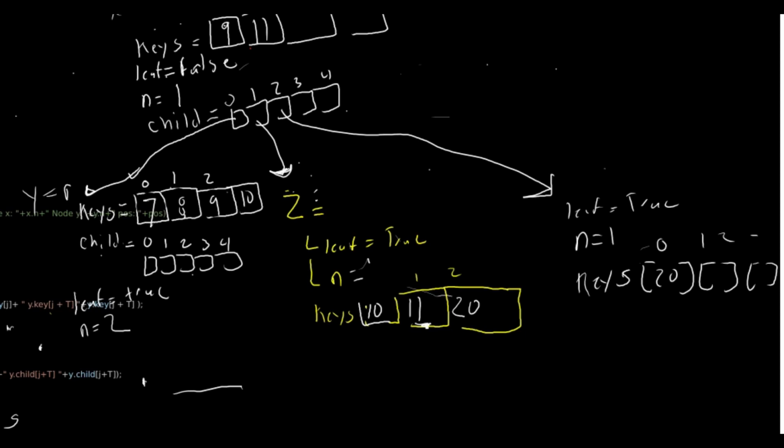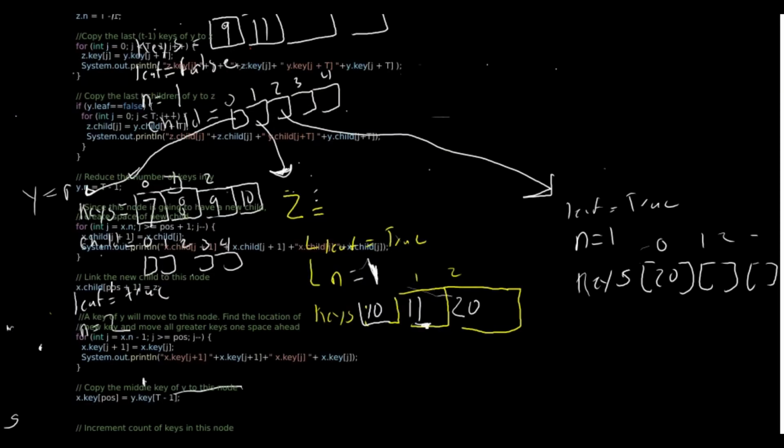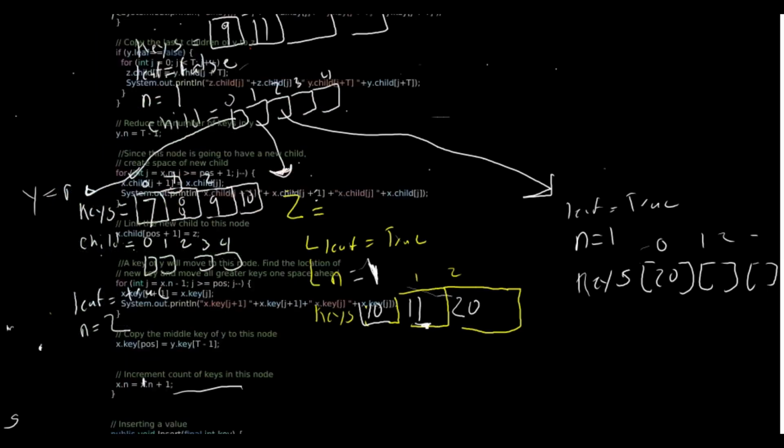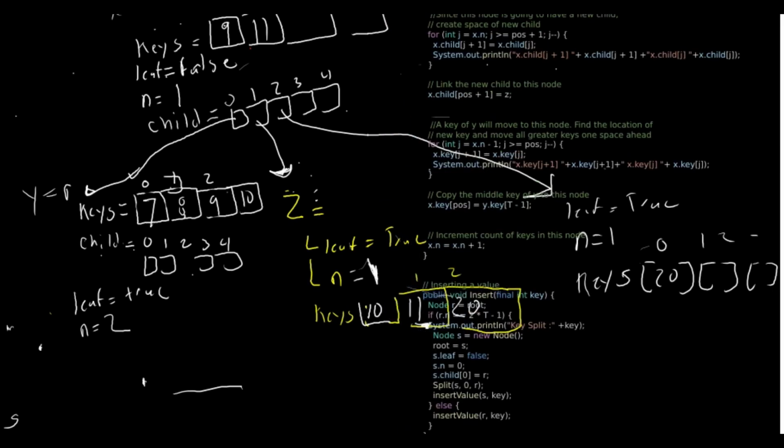And then this here is Y, so this right here will be put into 1. So reduce this one here to 1. To 1. All right.